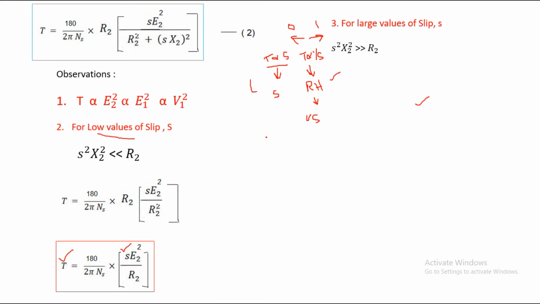That is, in the motoring region we have straight line behavior for low values of slip, whereas in the generating region the straight line, stable behavior occurs for large values of slip, and we have the unstable region of operation in the generator for low values of slip. That's the only difference between the motoring and generating regions.